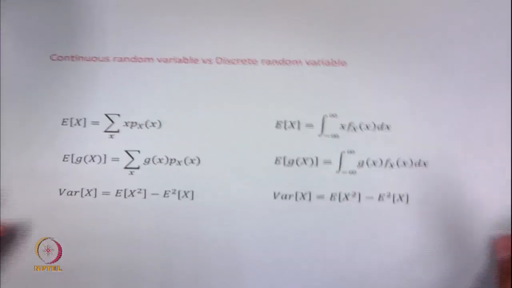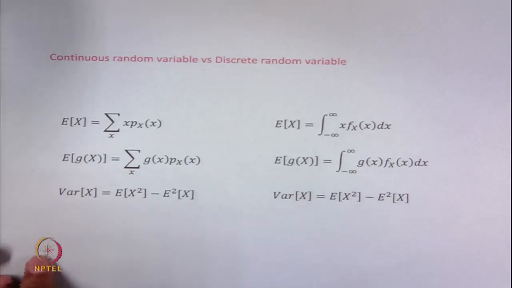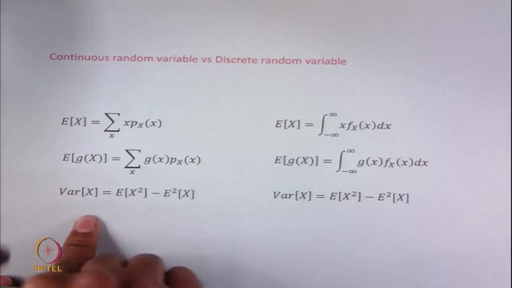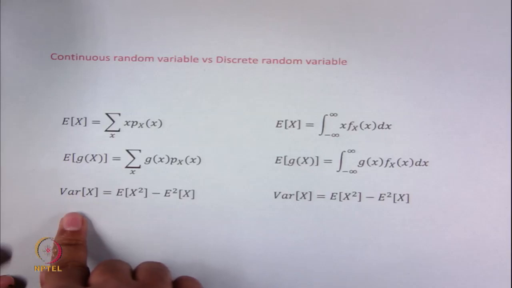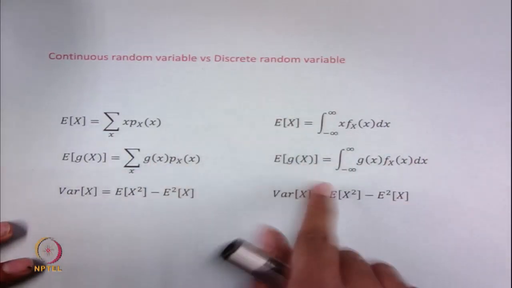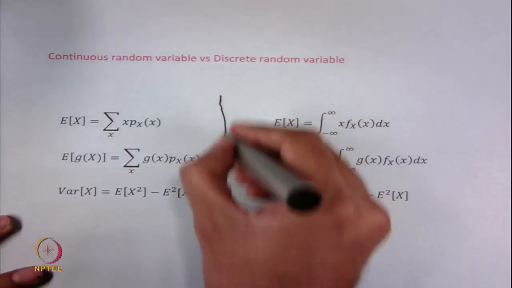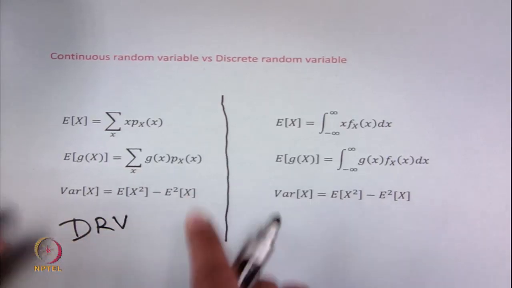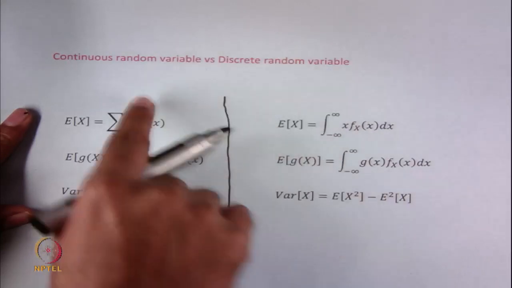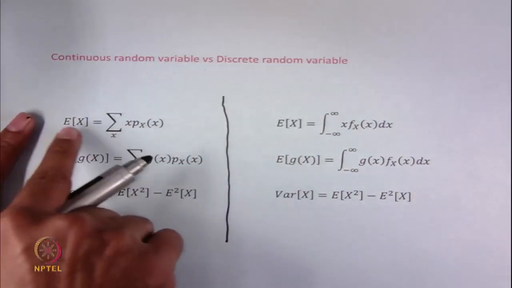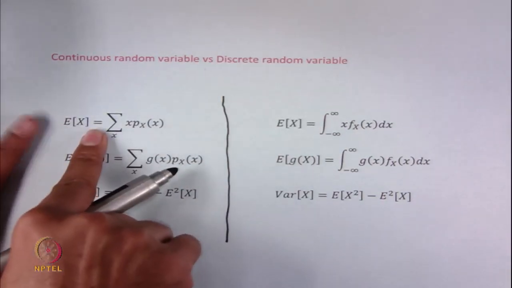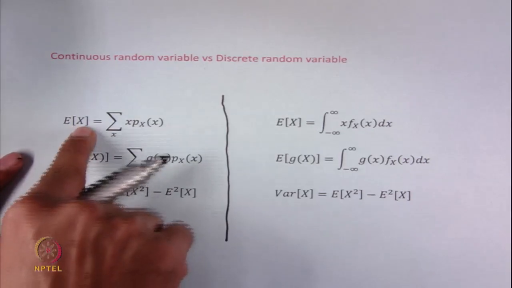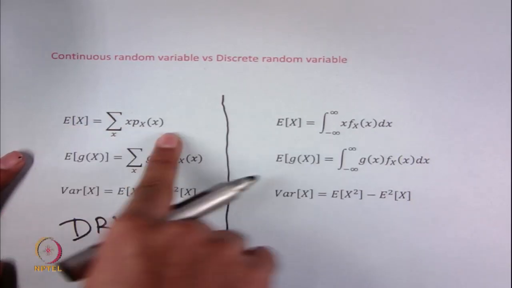Let us again talk about the concept of expectation and variance in the case of continuous random variables. We already discussed this in the case of discrete random variables, so this is what we covered in the last lecture. We have already talked about the expectation of a discrete random variable, which we obtain like this.